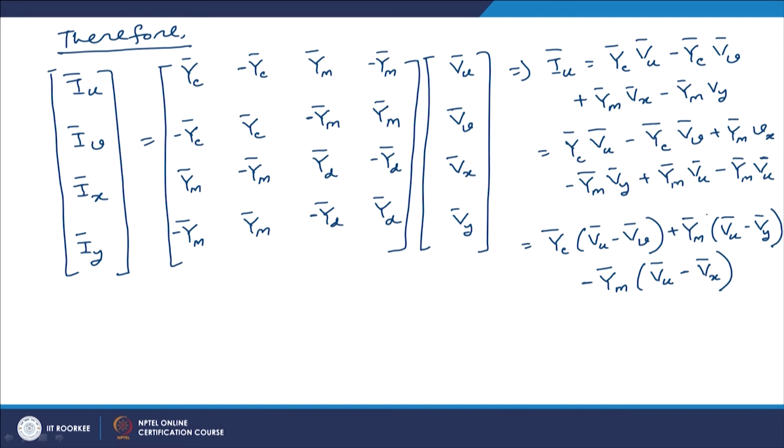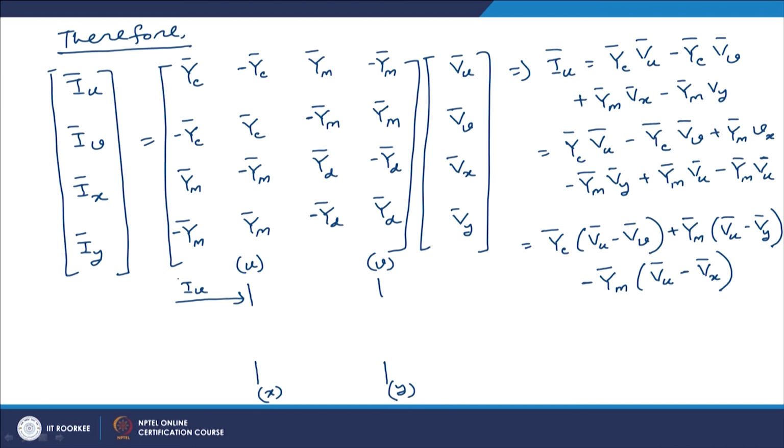If this is the expression of IU, then suppose we have buses U, V, X, Y, and we have the injected current IU.